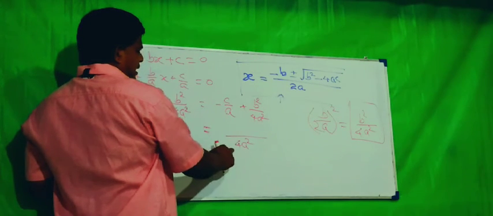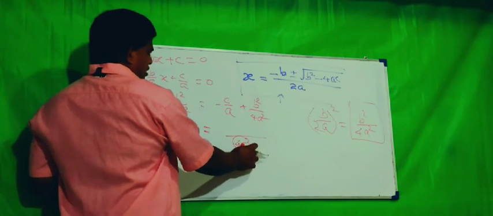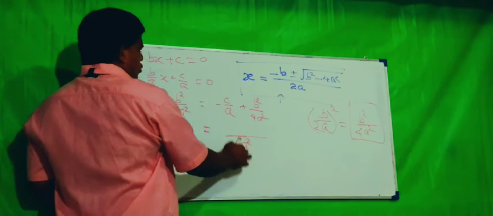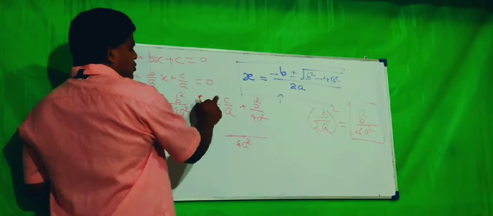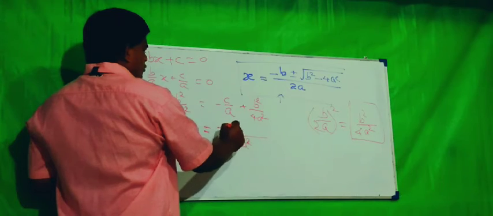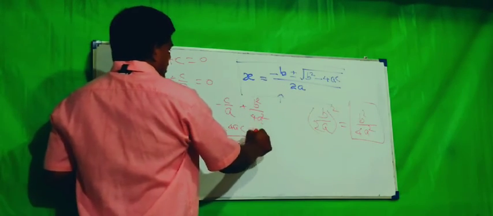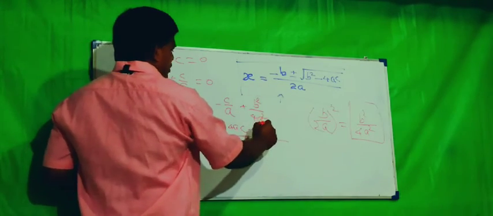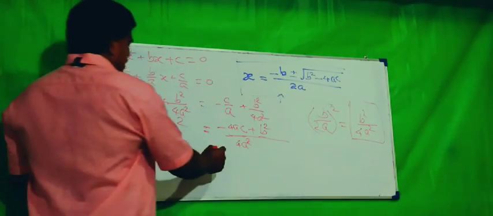If not, with the LCM, the LCM should be divided by a, then 4a is obtained. That means this denominator is multiplied by 4a. The numerator is also multiplied by the same 4a, then minus 4ac is made. And then the second denominator is the same here. The numerator is not changed.